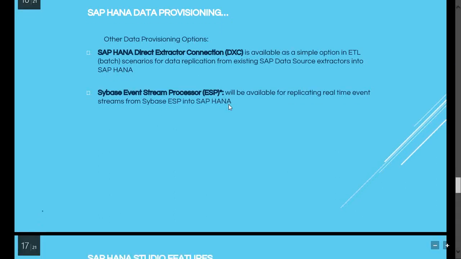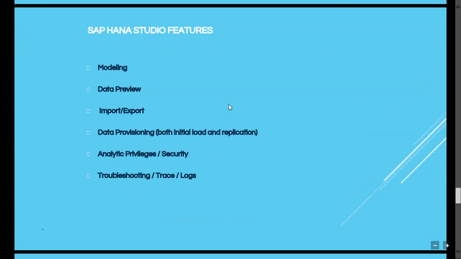These are some of the studio features, like what we do in HANA Studio, which is an Eclipse-based platform, an IDE tool, integrated development environment.